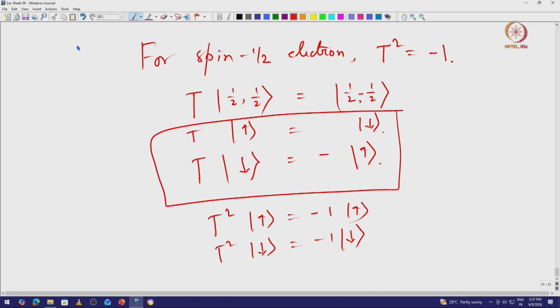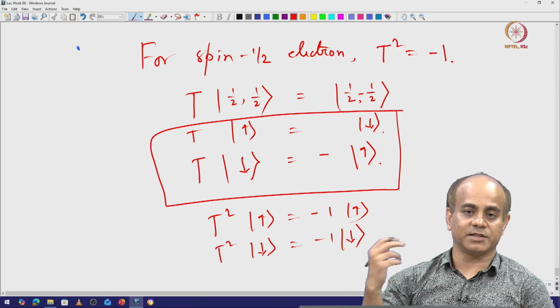If you make a 2 pi rotation of a fermion, let us talk about electrons only, spin half, it comes back to the same state, but with a phase of pi, and that is also consistent with the time reversal operator under a spin rotation.